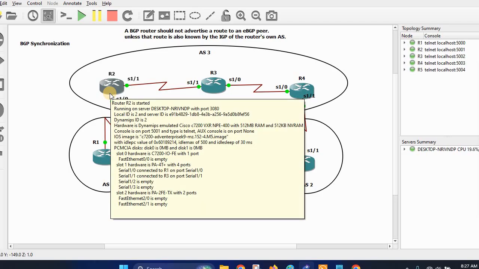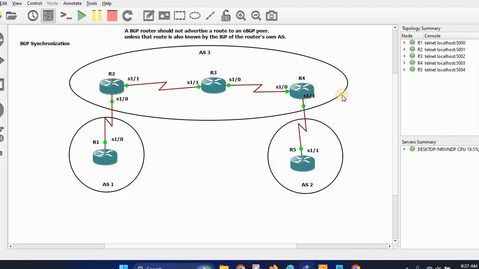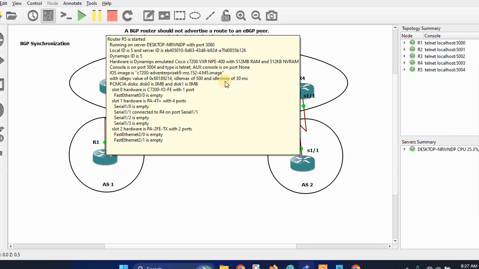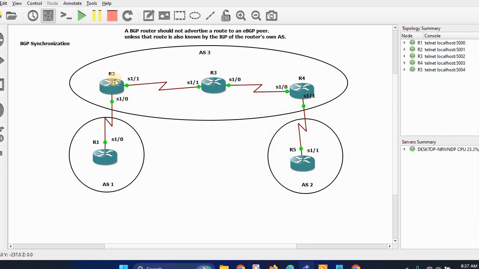R2 never updates because of this. The five update comes from here, and we have not done any redistribution into OSPF, so OSPF doesn't know about this 5 network. So R2 does not get that update in OSPF.